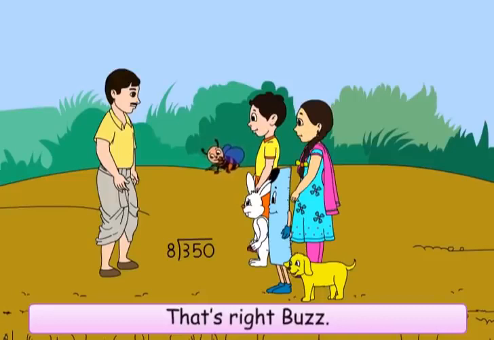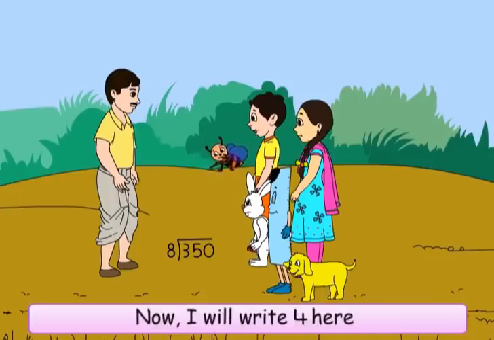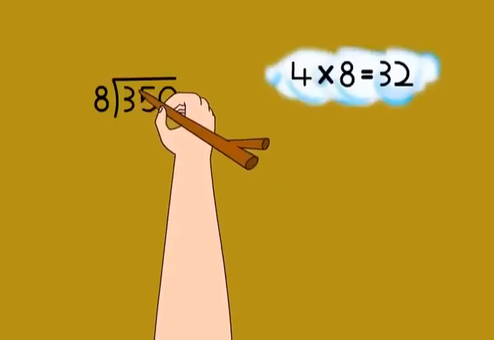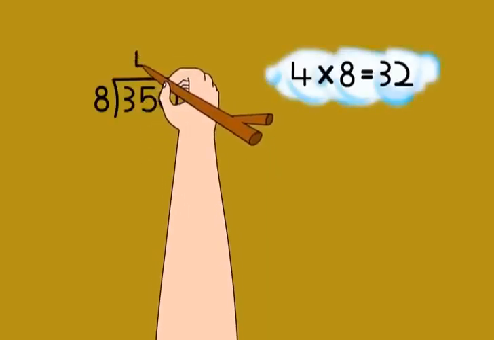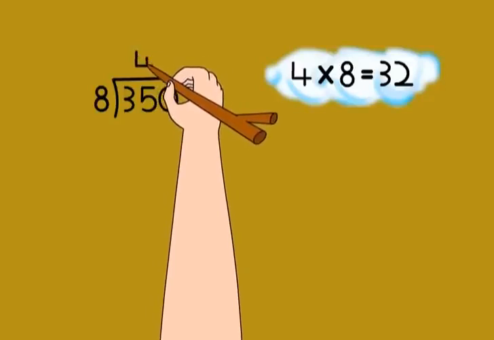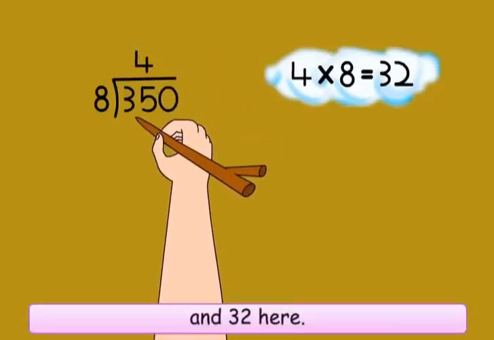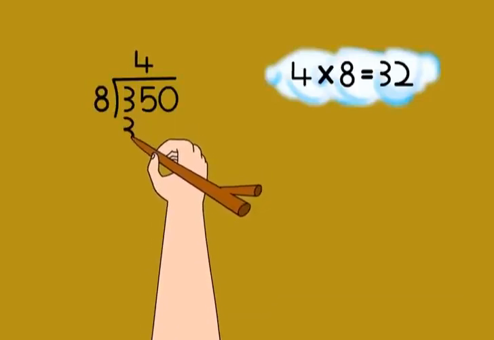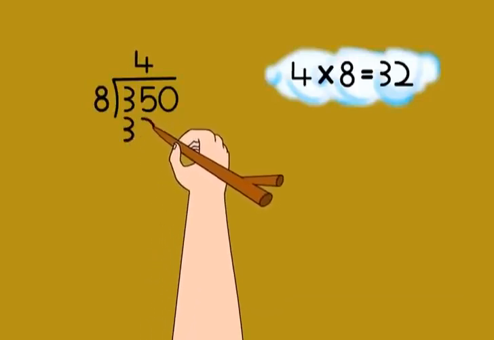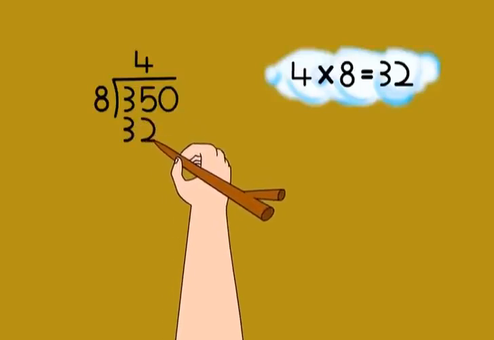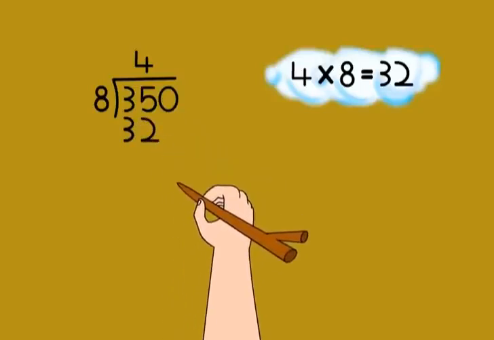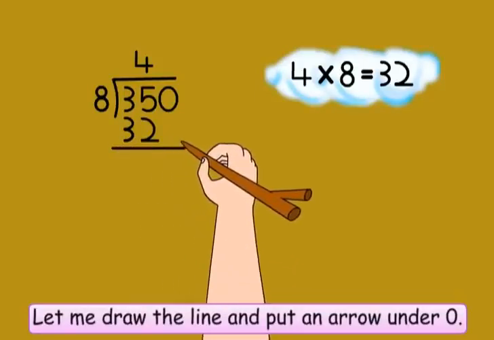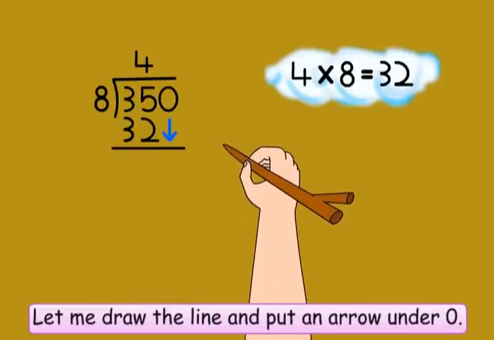That's right, Buzz. Now I will write 4 here and 32 here. Let me draw the line and put an arrow under 0.